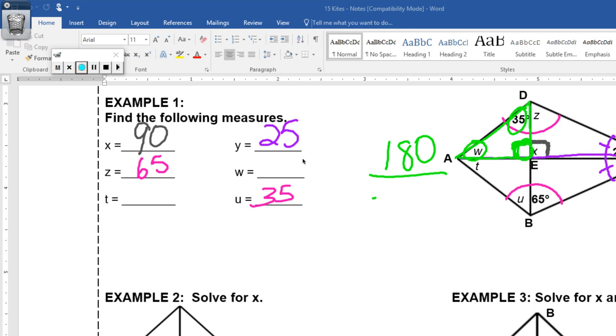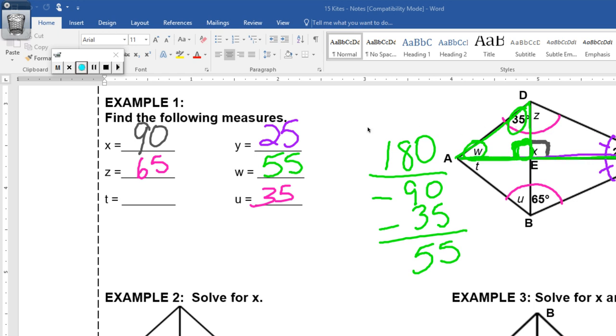So I can do 180 minus 90 minus 35, and that's going to give you the angle for W. So that's going to be a total of 55. So W is going to be 55. Our rules say that the longer diagonal, this one right here, is cutting the angles into equal parts. So if W is 55, that means that T has to be 55 as well. Okay, so that's example number 1.